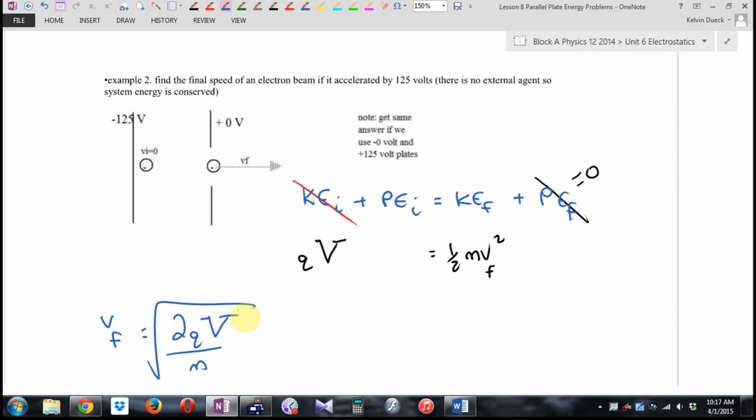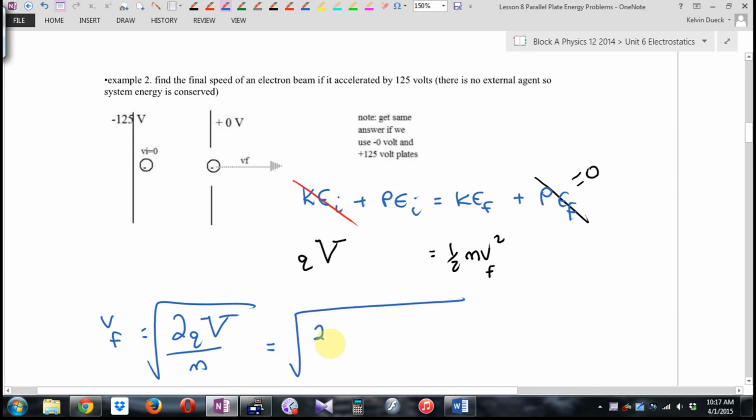What's the last mathematical operation that we're doing? Square root. Can I take the square root of a negative? No. This is technically scalar. If you really want to, you can just say, forget the signs. But for what it's worth, the charge is negative and the voltage is negative. I have a negative times a negative, which is a positive. So I'll put them in, but you can be a little sloppy here.